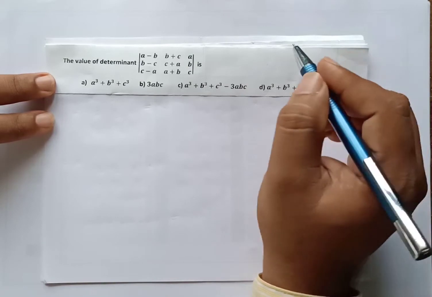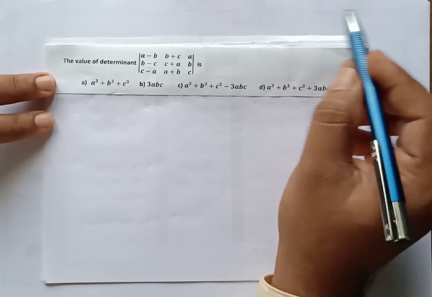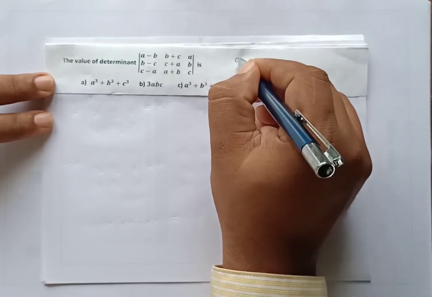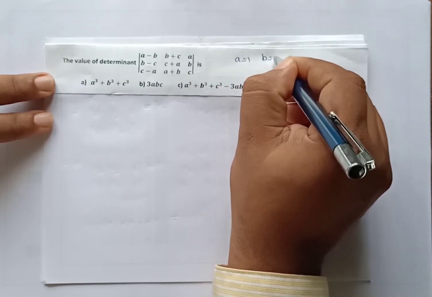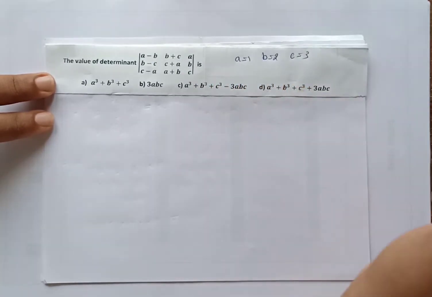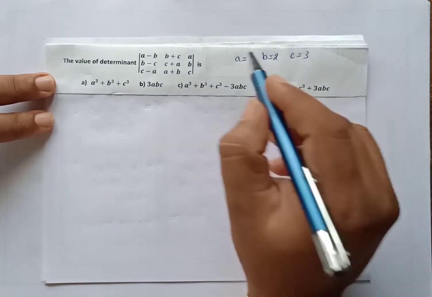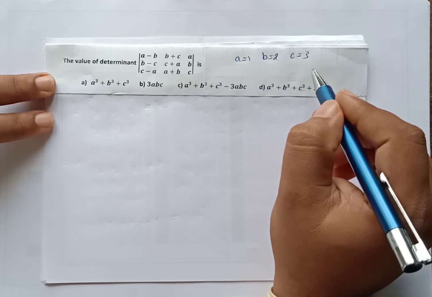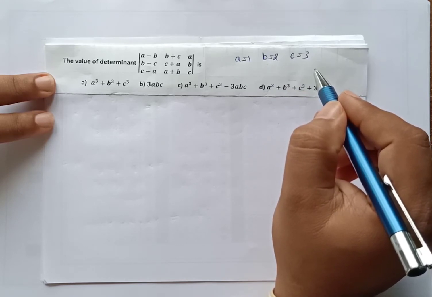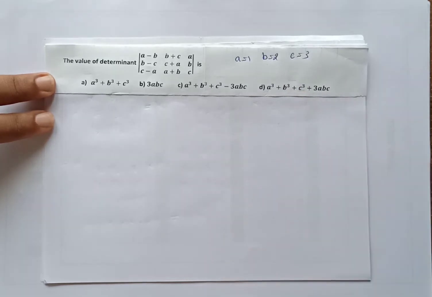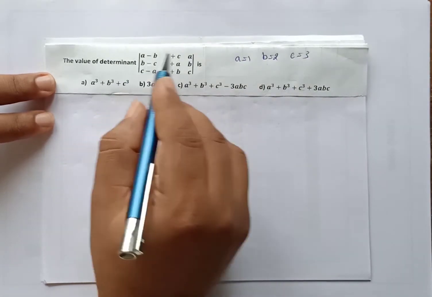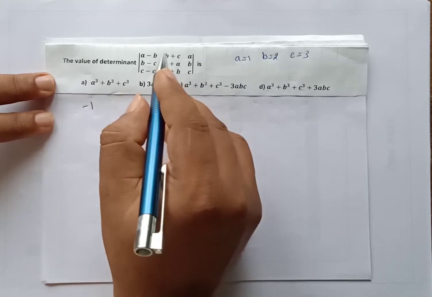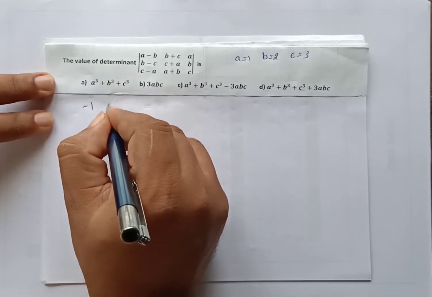What can we use for substitution here? See, if you take a, b, c as 0, 0, 0, it is not possible because the answer will become 0. So let us take a equal to 1, b equal to 2, and c equal to 3. So what are we going to get here? 1 minus 2 is minus 1, 2 plus 3 is 5.